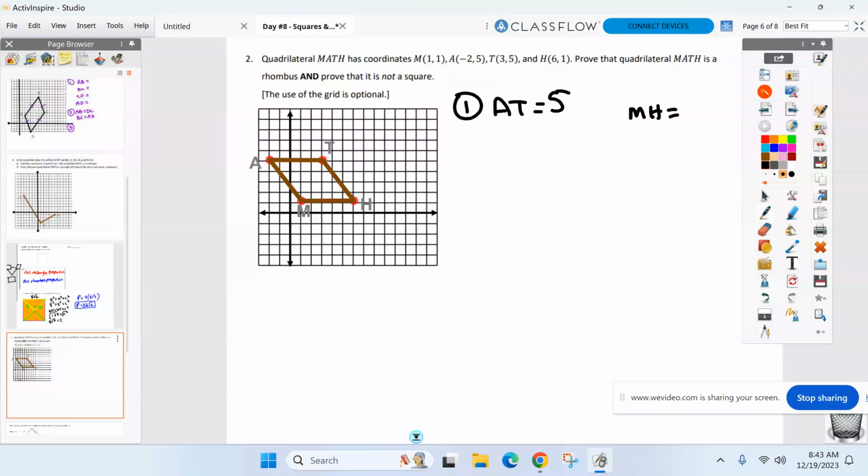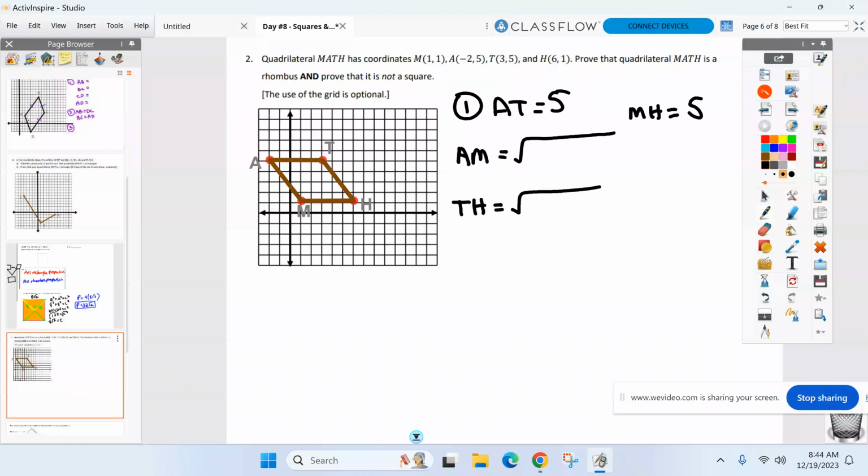And same thing for MH. You can go ahead and count MH. It'll also be 5. Now, though, yes, I am going to need to see you guys plug in numbers for AM and TH for me. And this is why I think you guys should have an easier time with these proofs versus statements and reasons. You know it's got to come out to be 5.